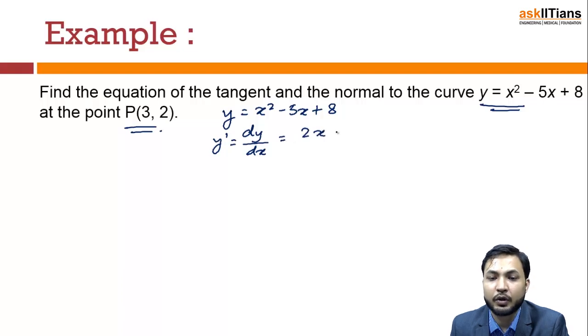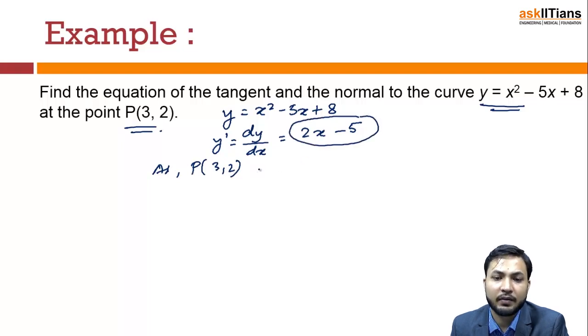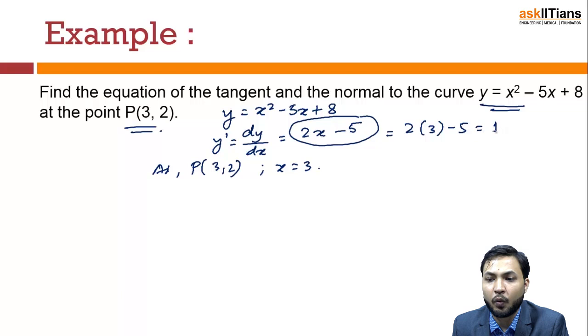This will come out to be 2x minus 5. Now I have the point P(3, 2), so I will have my x equal to 3. For this one, my value is 2 into 3 minus 5, which is equal to 1.